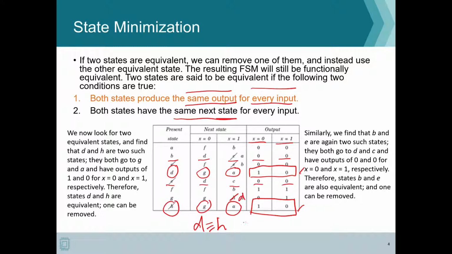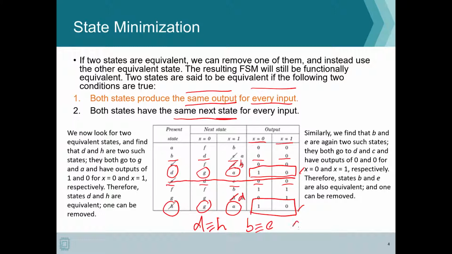So we also have another condition where B is equivalent to E, and we can strike that state off, and wherever we have E, we can replace it by B.